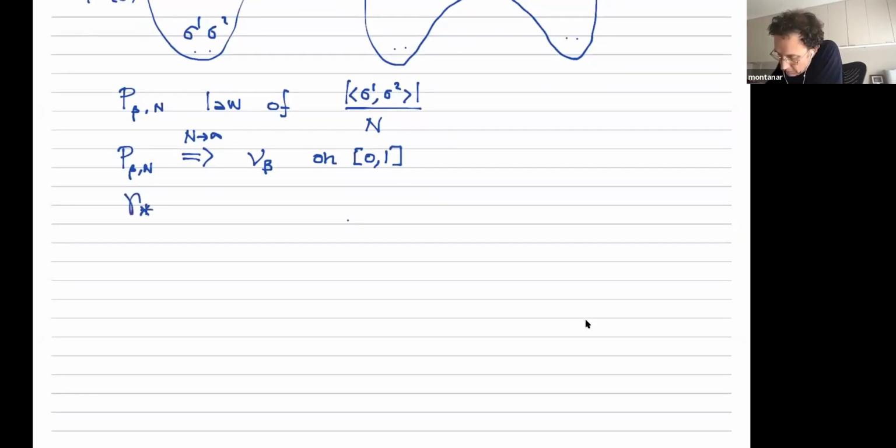The gamma star, the optimal gamma in the Parisi formula, is just the CDF associated to nu beta, up to rescaling. So it's the limit. This is the interpretation of what this object is.